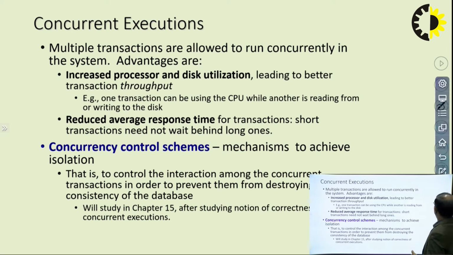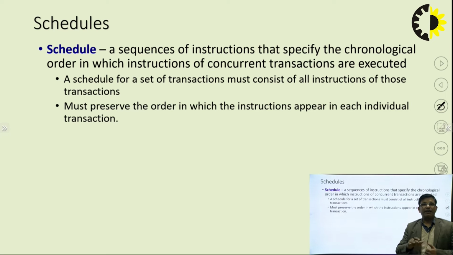Schedules. What is a schedule and what is a transaction? A transaction has many operations, and a schedule has one or more transactions. A schedule can have one or more transactions, and a transaction can have one or more operations.